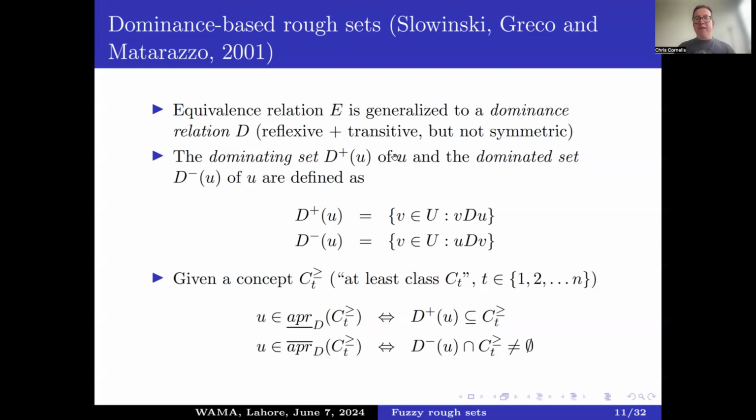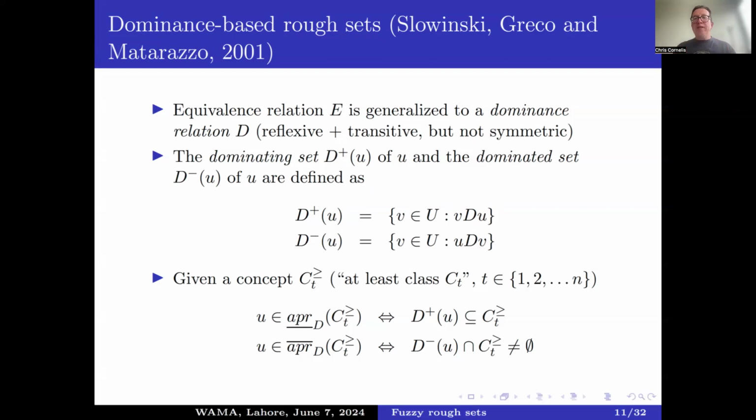And then we consider, instead of equivalence classes, the so-called dominating sets and dominated sets. So what is the dominating set D plus of an instance U? Well, that is basically just the set of instances which are at least as good as U. So V dominates U. And likewise, we can define the dominated set, D minus of U, as the set of objects V such that U dominates V. Okay, so that, I think, is intuitively clear.